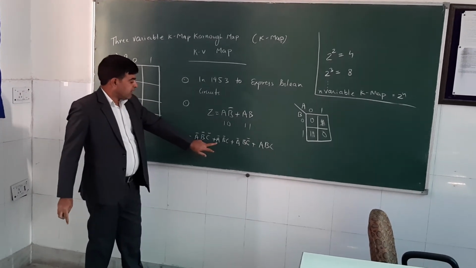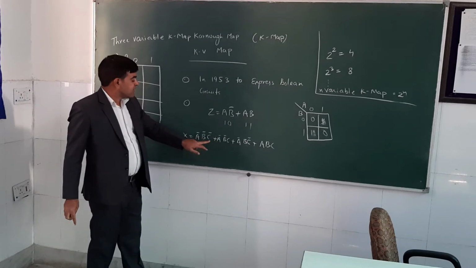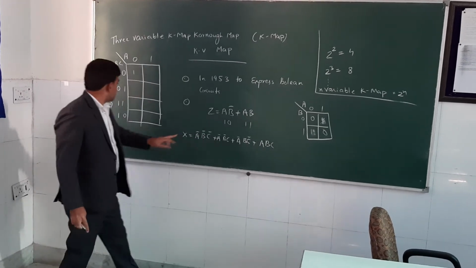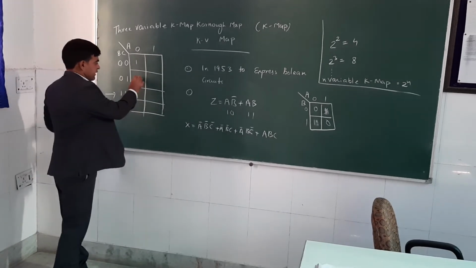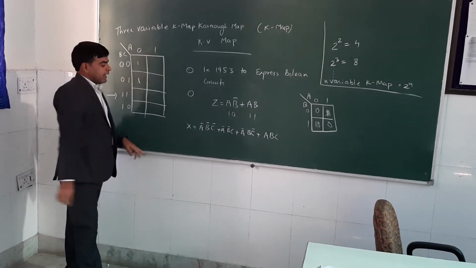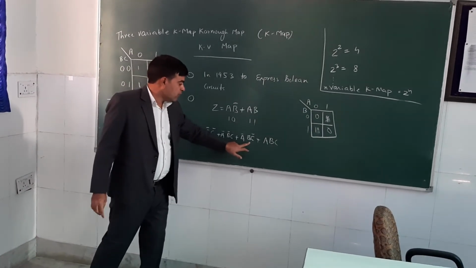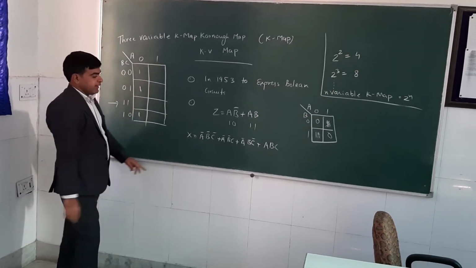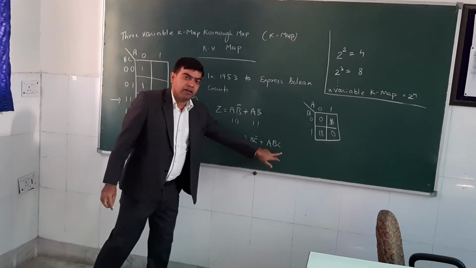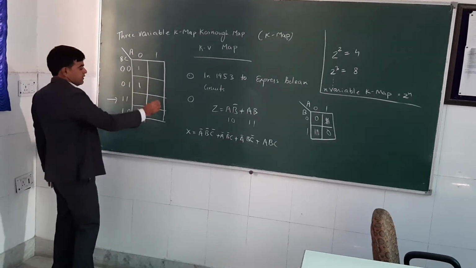The second term gives 0 0 1, so I place it there. The third term is 0 1 0, and it comes here. The last term will be 1 1 1, so I can put it here.